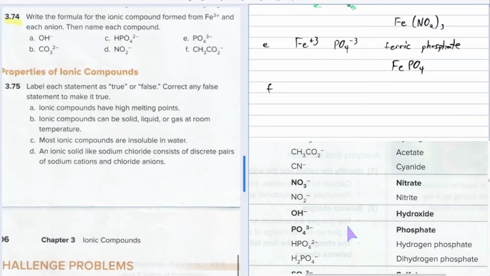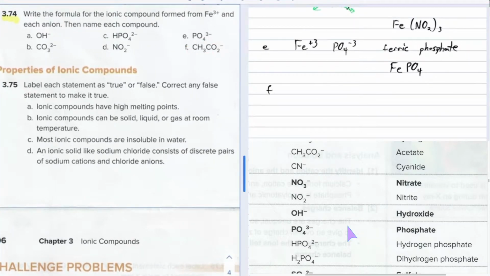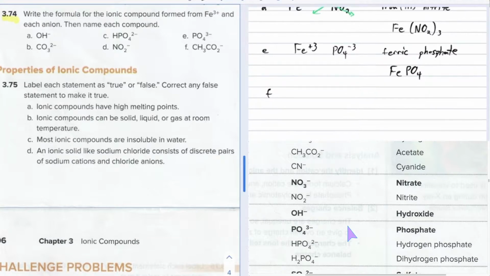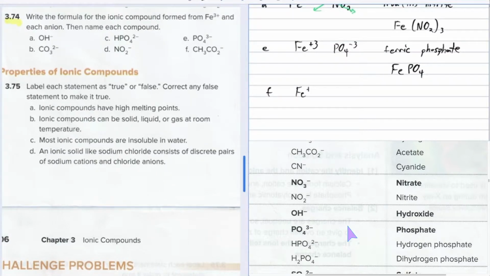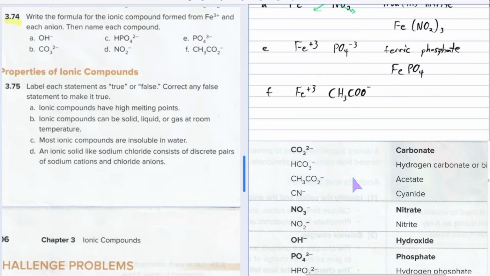Last one, F is acetate. Okay, that's a big one, acetate. So you got Fe plus 3, then your acetate, CH3CO2. Sometimes I write it COO minus. I like to write it COO minus, so either one works. I'll write it like this. And this is acetate. There it is right there.